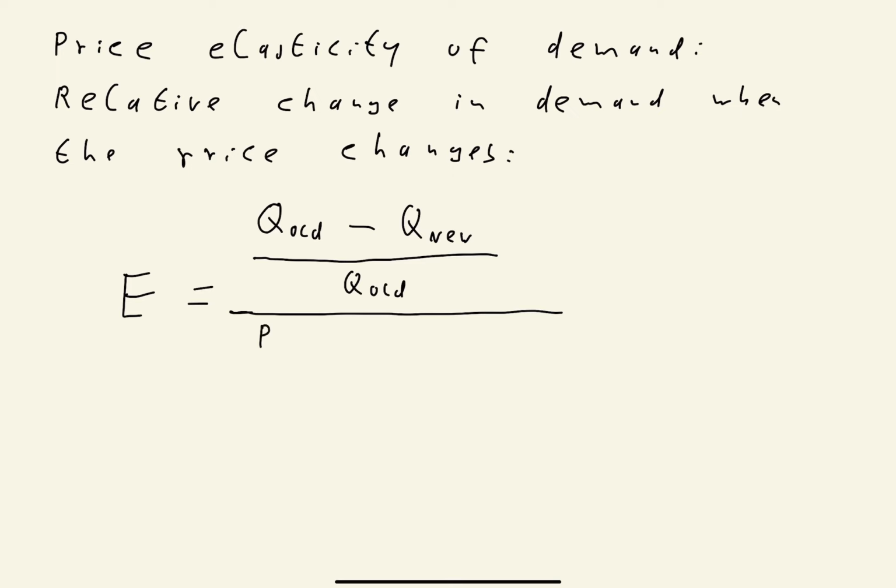You take the old price, subtract from this the new price, then divide this by the old price, and this is basically the elasticity. So it tells you how the quantity relatively changes when the price relatively changes. And this is what we will be using now.